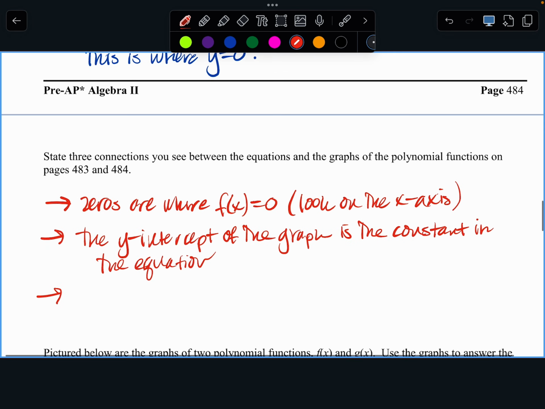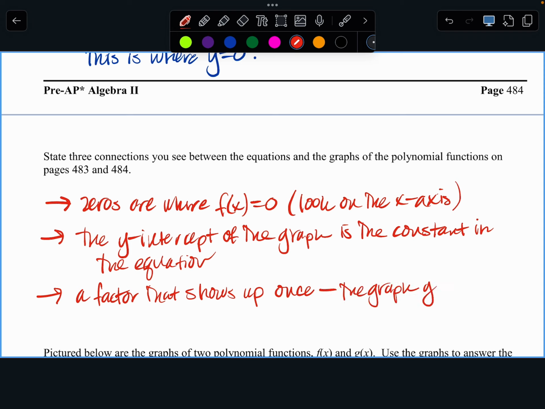A factor that shows up once, the graph goes through the x-axis at that value.